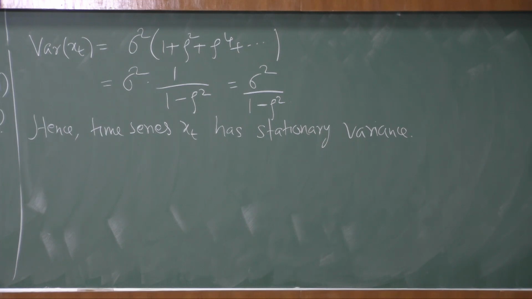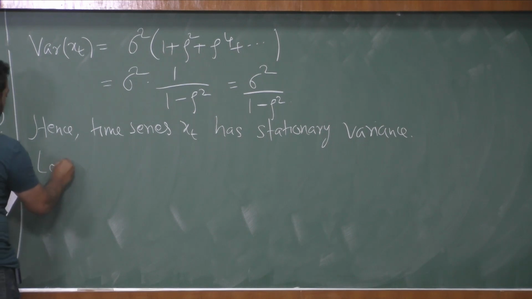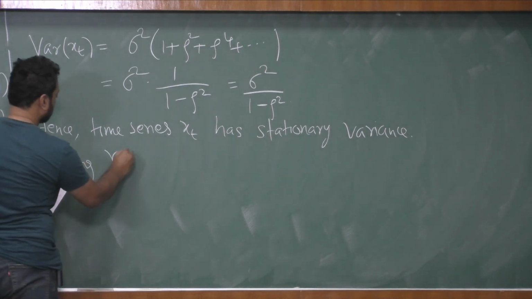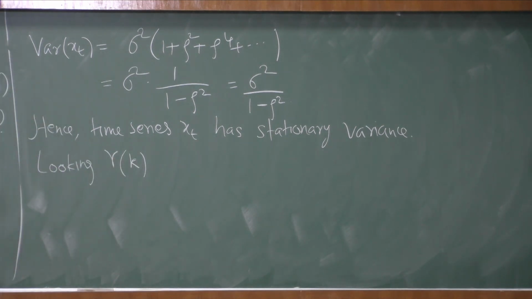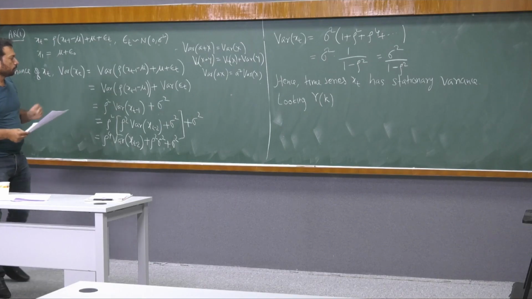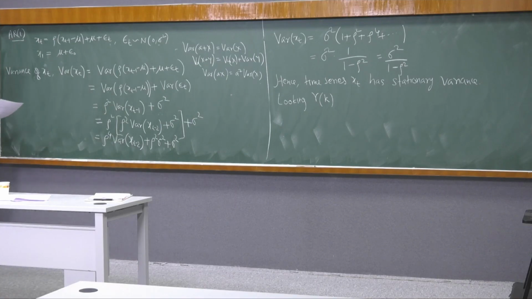What we are really looking for, if you recall the bound that we had before, is an expression for gamma k, which is the autocovariance. We may do this as a next step and derive an expression for gamma k. Continuing, we will now try to find an expression for gamma k.